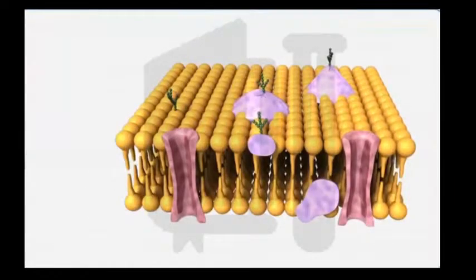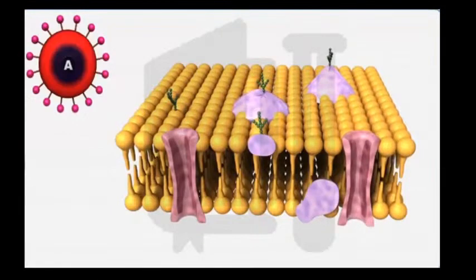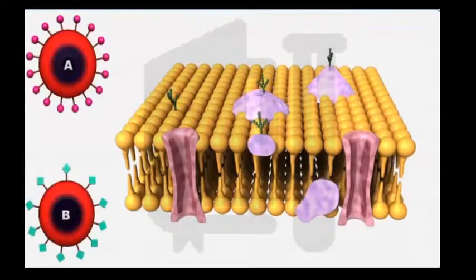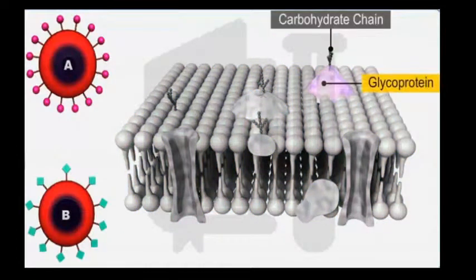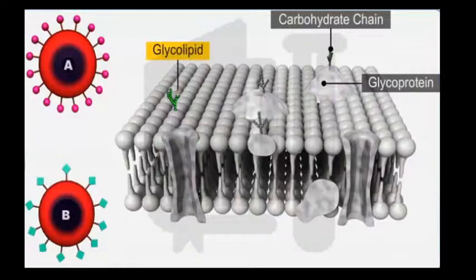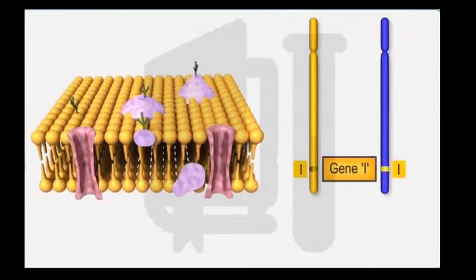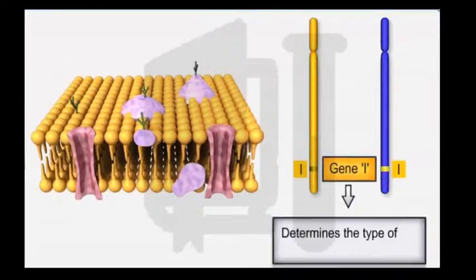For example, the difference between blood types A and B lies in a single sugar unit that protrudes from the end of a carbohydrate chain of a glycoprotein or glycolipid on the plasma membrane of an RBC. The gene I is responsible for determining the type of sugar produced by the RBCs.